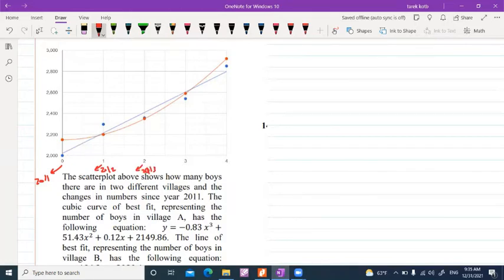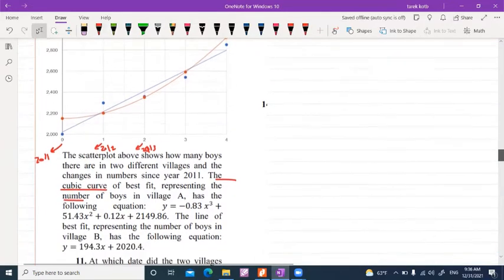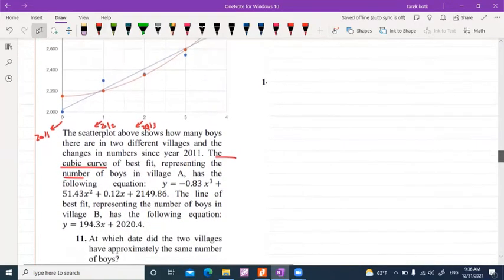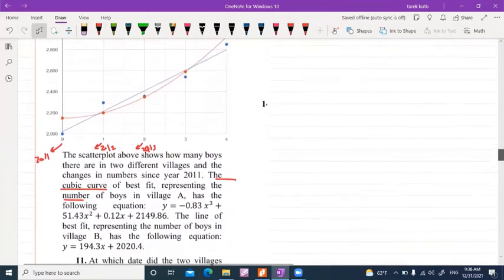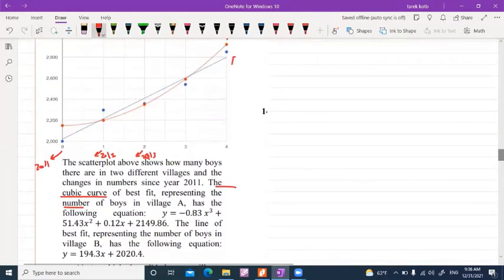The curve, the red one, of best fit represents the number of boys in village A, and has an equation so and so. The line of best fit representing the number of boys in village B, which is the blue one, with equation so and so.